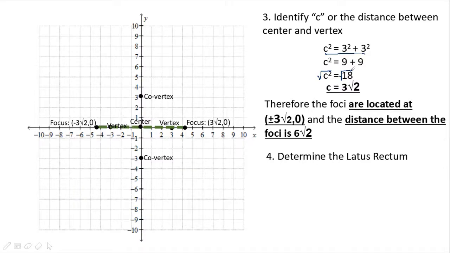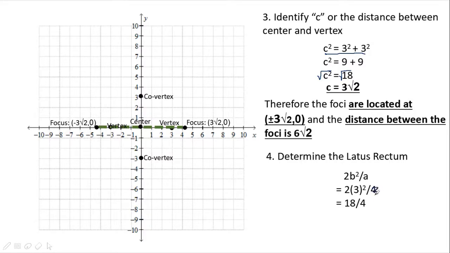So let's now determine the latus rectum. To determine the latus rectum, we have the formula 2b squared over a, or 2b squared divided by a. So we will just substitute again the values of a and b into the formula. So 2 times 3 squared over, okay, we have a typo here. This is 3.